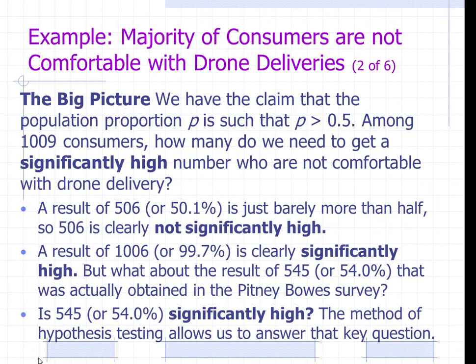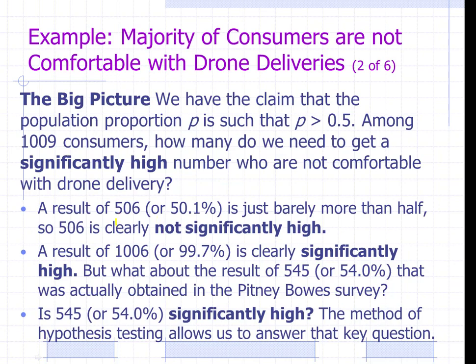So I hope as you were thinking about this, that you said that is our alternative hypothesis because it doesn't have an equal sign in it. So we're going to think about this, and we're going to look at how many do we need to have to be significantly high.